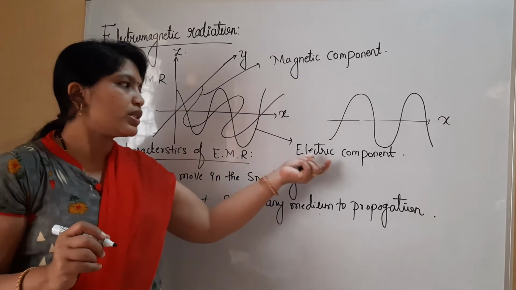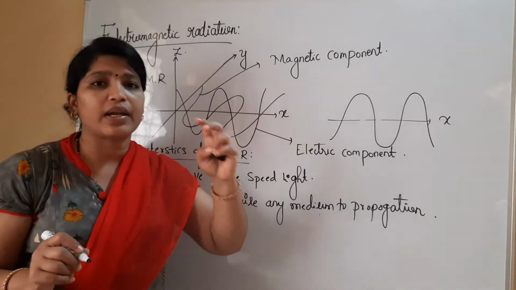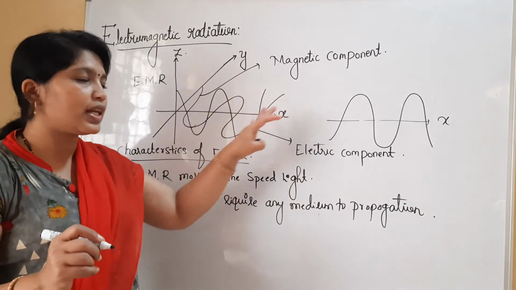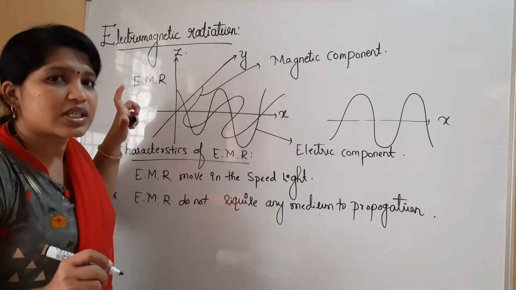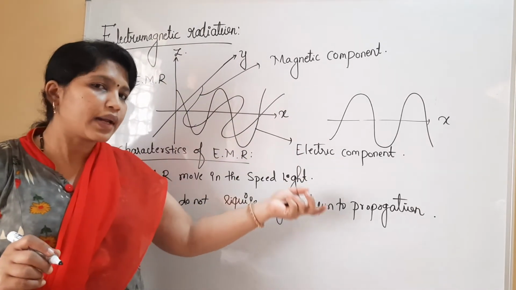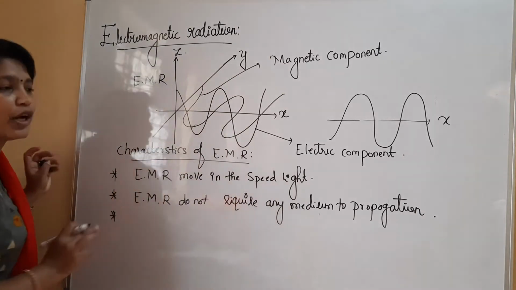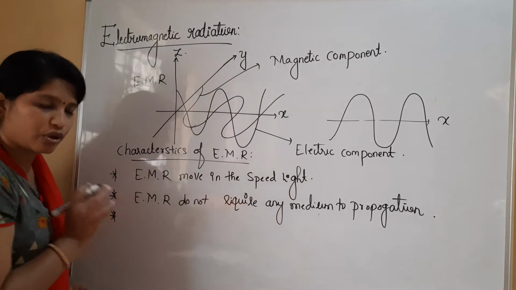Electromagnetic radiations are perpendicular to the electric component as well as the magnetic component also. All the three are perpendicular to each other. When you consider characteristics, particularly of electromagnetic radiations, they are perpendicular to the magnetic component as well as perpendicular to the electric component.